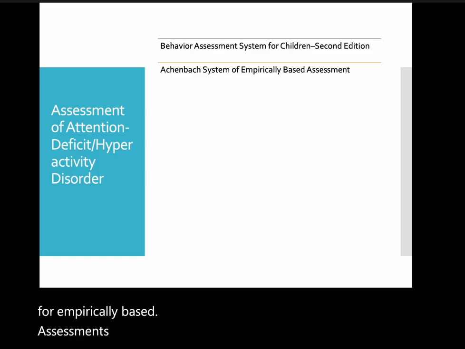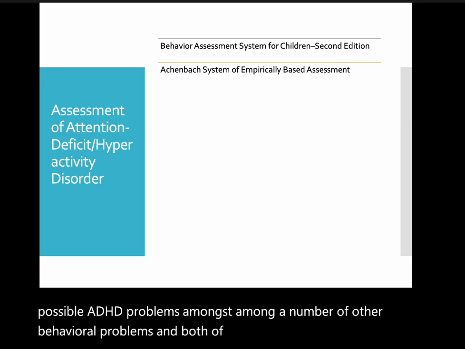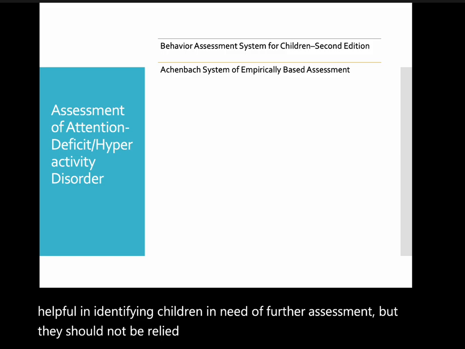And these can be used as screening devices to identify possible ADHD problems among a number of other behavioral problems. Both of these instruments can be helpful in identifying children in need of further assessment, but they should not be relied on as the basis for diagnosing ADHD.